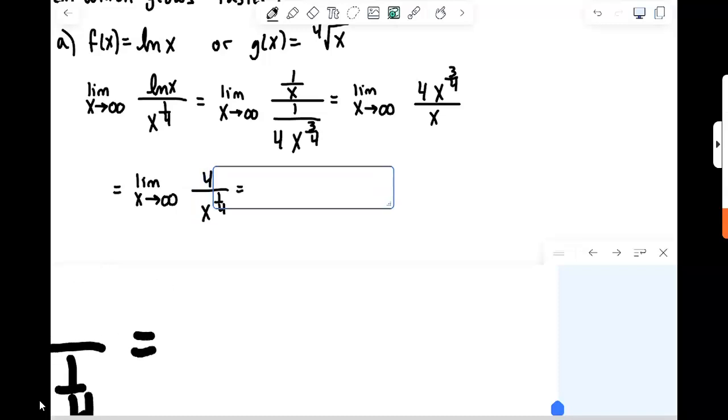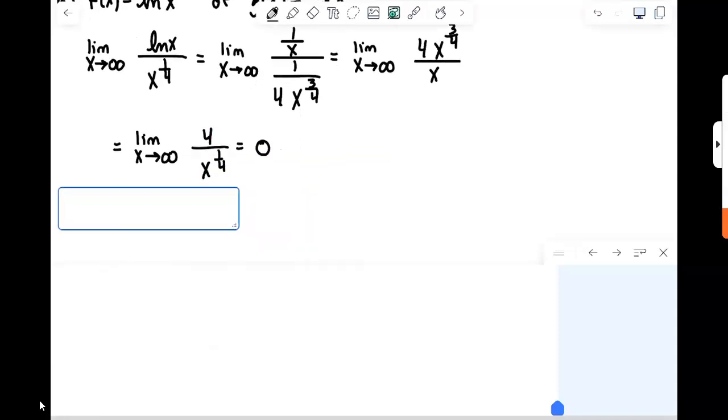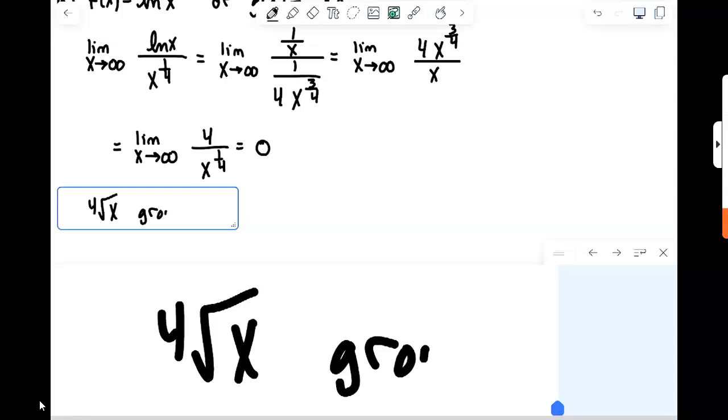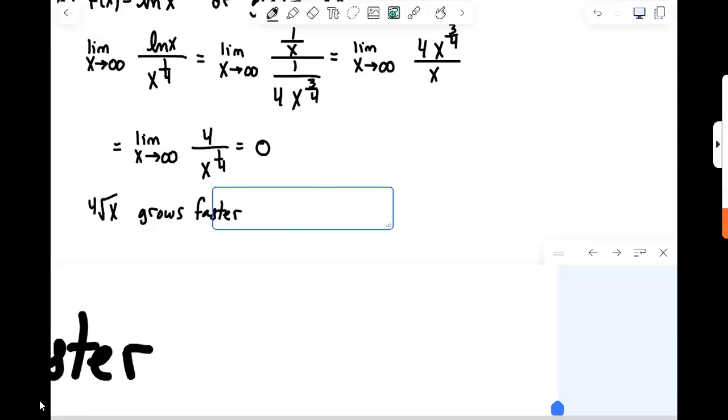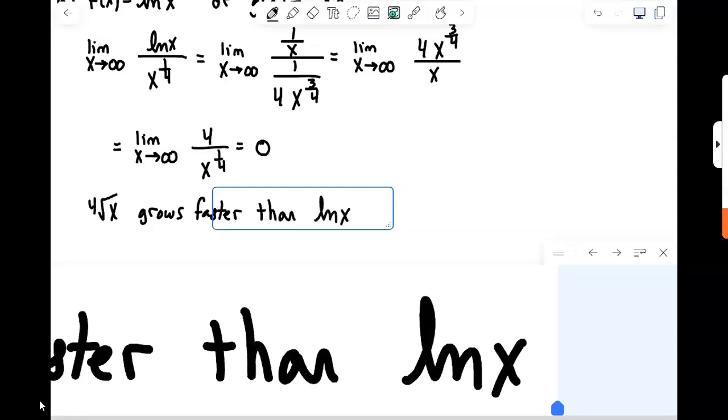So we have 4 divided by infinity, which would be 0. And so it turns out the fourth root of x grows faster than ln of x. Fourth root of x grows faster than ln of x.